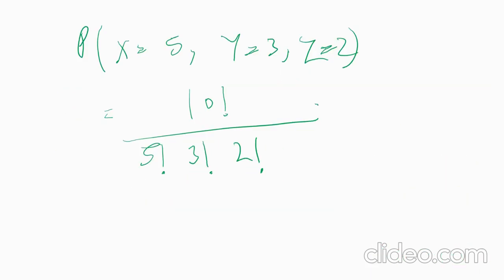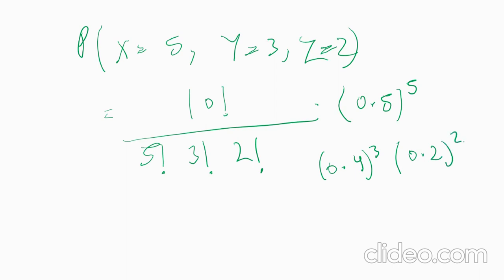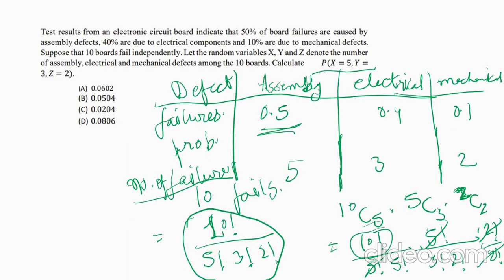So it will be 0.5 to the power 5, 0.4 to the power 3, and then 0.1 to the power 2, right? So now we need to calculate this.